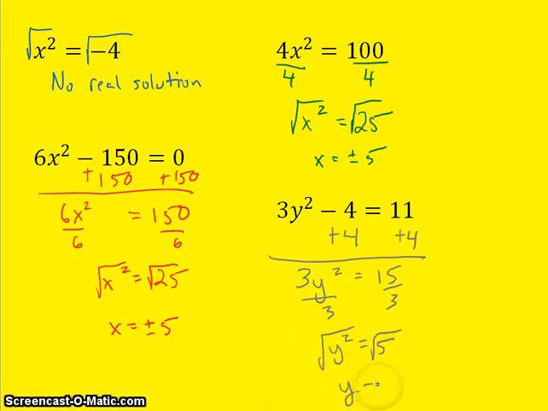So y is equal to plus or minus 2.24. So make sure when you see an equation with y squared that you get two possible answers, a plus and a negative.